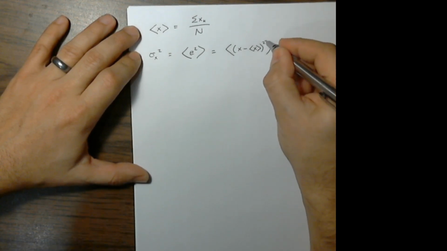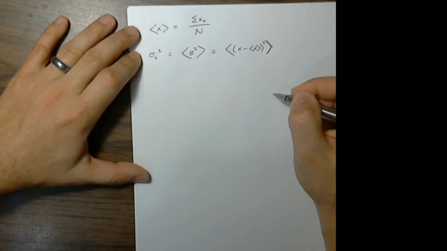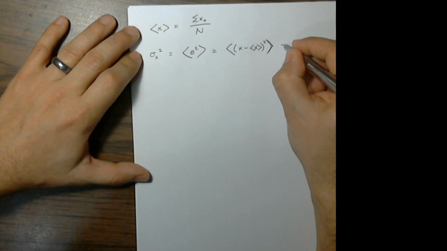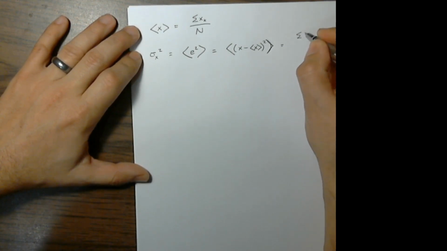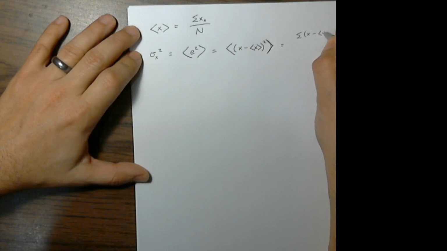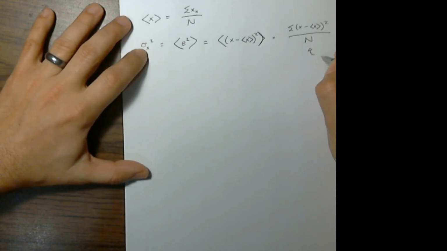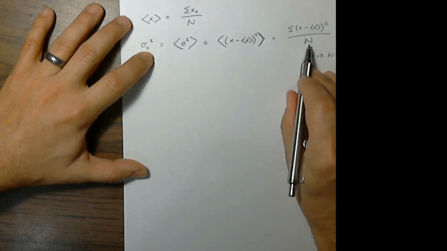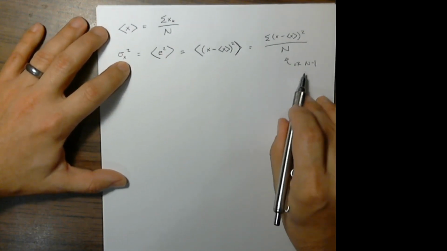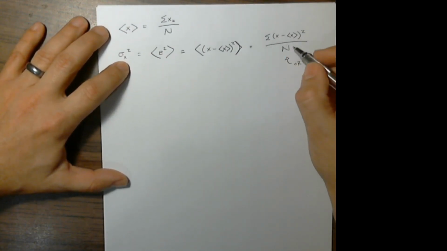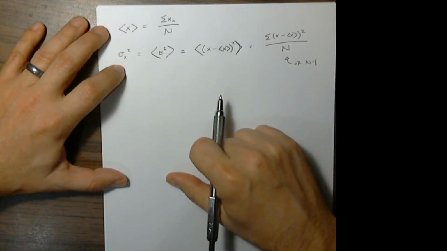Whoops, that should be a bracket, not a parenthesis. There we are. Which is just this. And again, in the limit when n is very large, this is irrelevant.